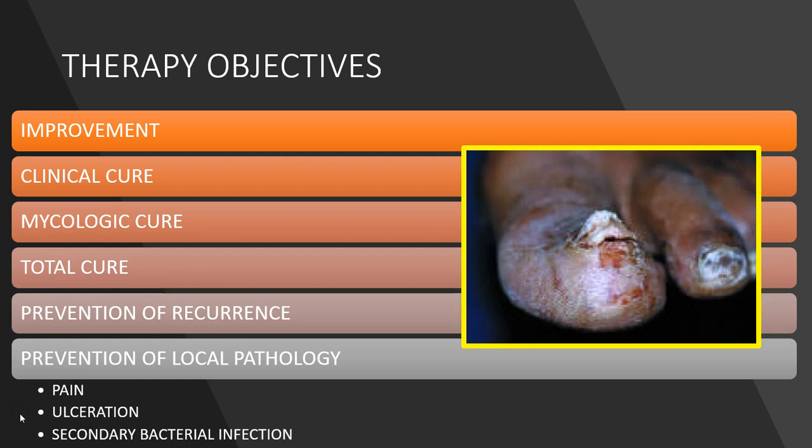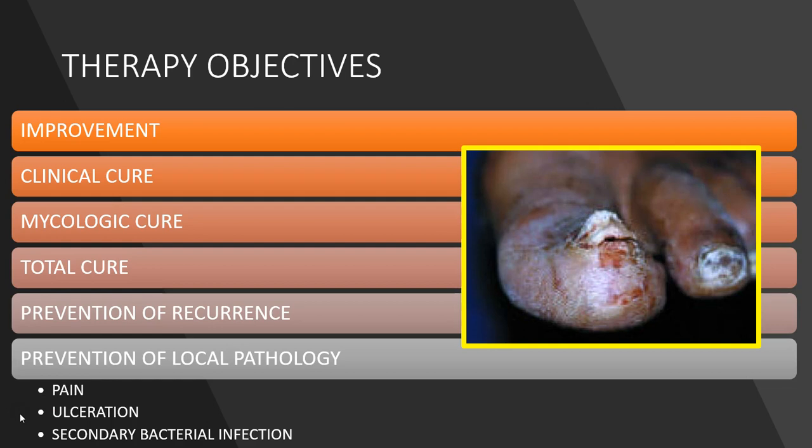In utilizing oral therapy or topical therapy, it's also important not only to explain to the patient the benefits and risks of therapy, but also to determine the endpoint for your treatment. Are you going to shoot for improvement but not cure?